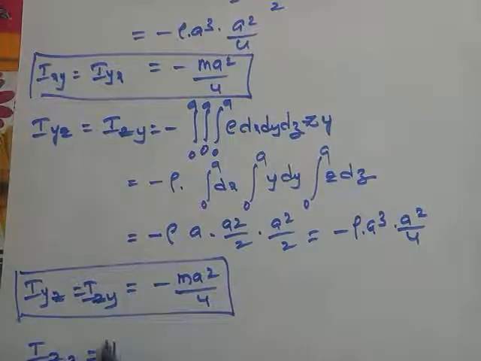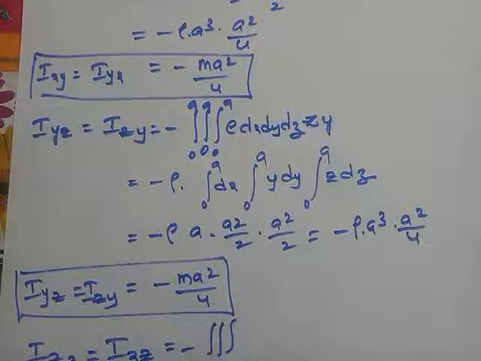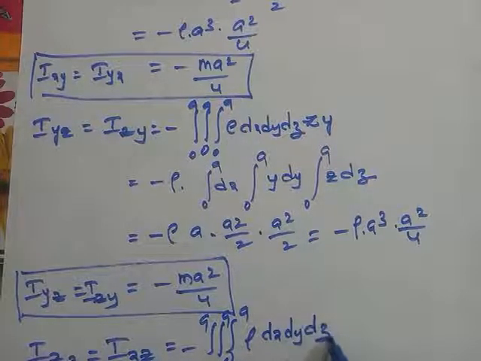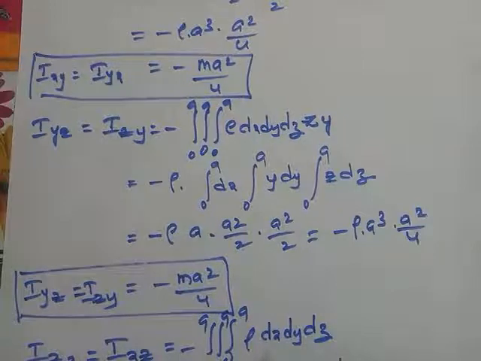Izx, Ixz, that is equal to minus triple integral 0 to a, 0 to a, 0 to a. Here you take rho into dx dy dz, and the remaining term is xz.